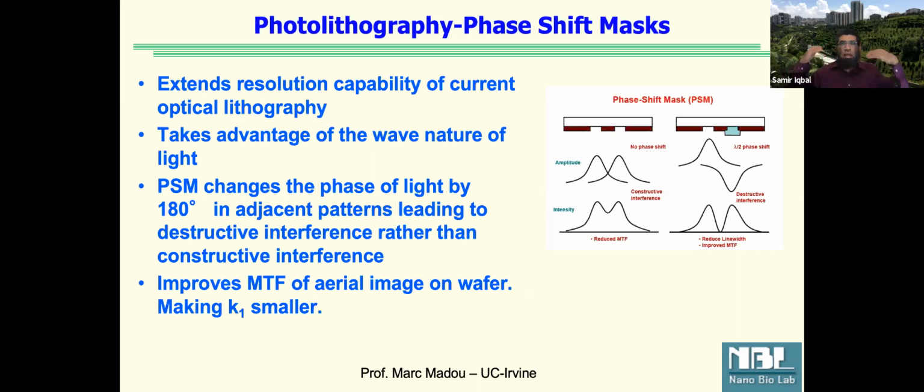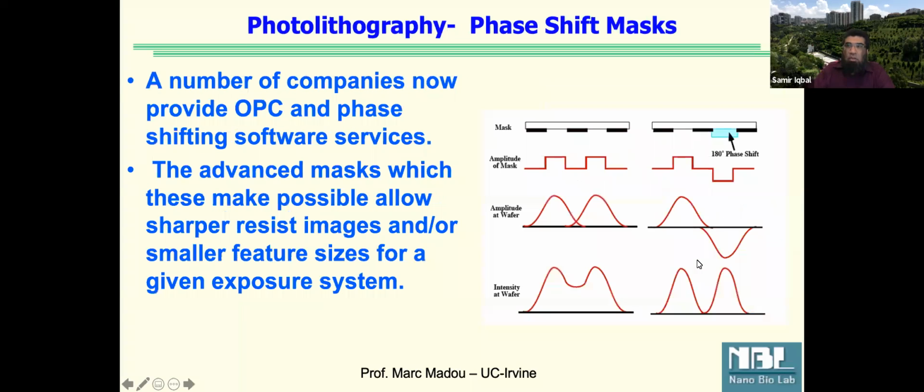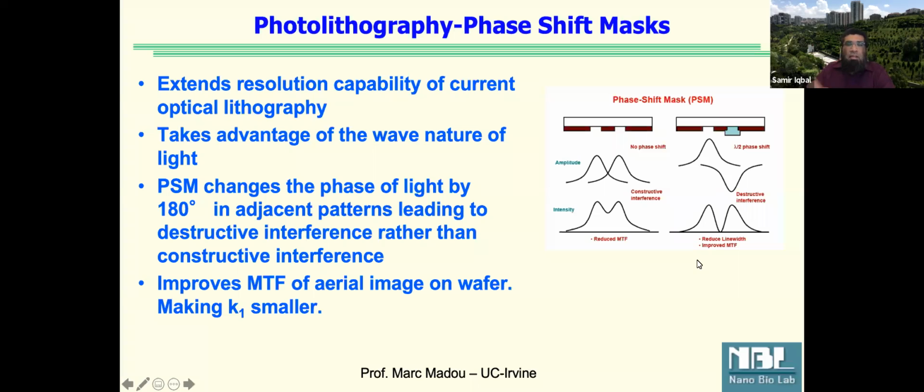So when two waves destructively interfere with each other, they would cancel out the signal. Hence you would get a sharp edge, right? Like it is shown here on the right hand side, that you get a sharp edge between two features. So the light would result in exposure of the photoresist material with a very sharp feature.